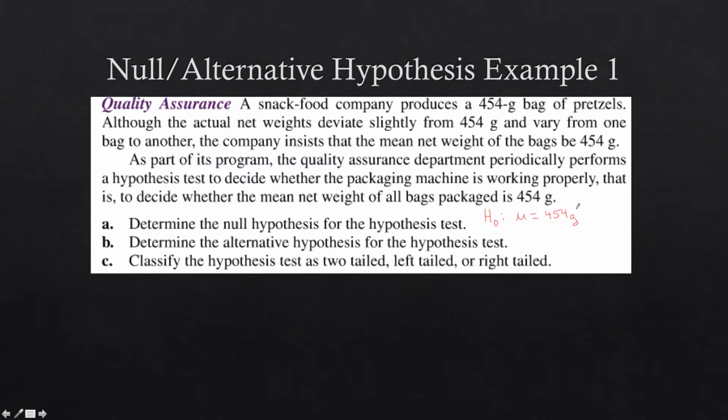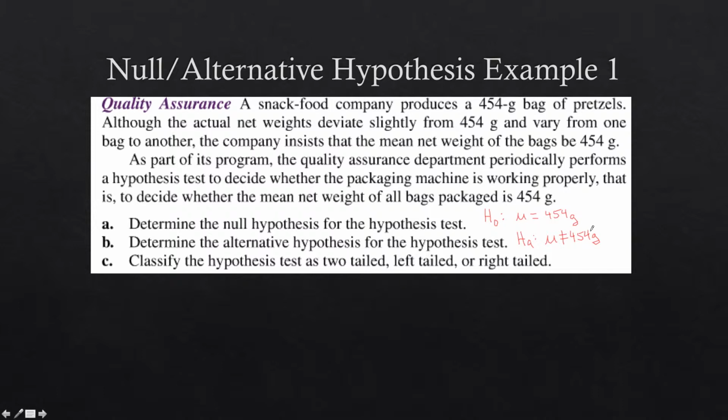Well, what's the goal? We're trying to make sure that the mean is 454. So the alternative would be if the mean does not equal 454. Does that make sense? If the goal is to determine if it equals 454, the alternative would be not equal.